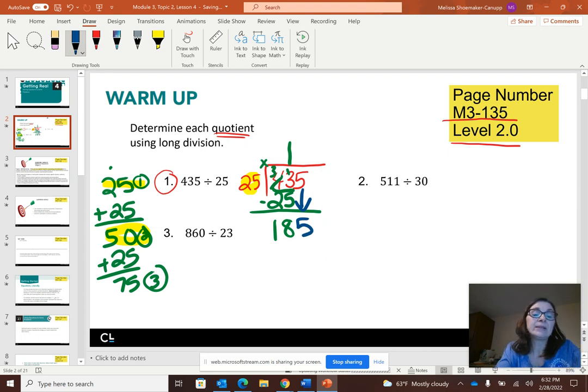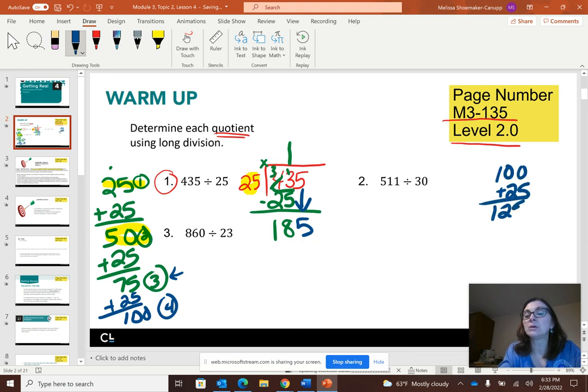Now, I can tell from my list over here that 3 25s is not going to be enough to get me to 185. So I'm going to add another 25. So 4 of them is 100. I kind of ran out of space, so I'm going to move over here. That's 4 of them. There's 5 of them.